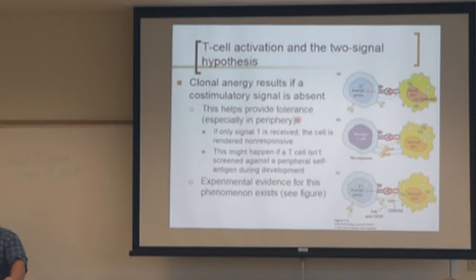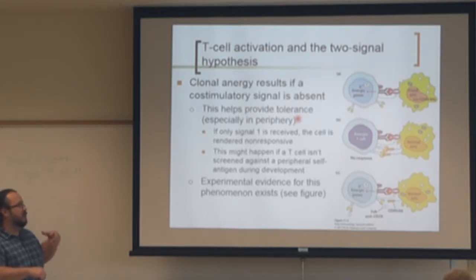So what happens if cells do not receive that second signal? Carl June, the same guy who invented those CARs, those chimeric antigen receptors, his group identified that you need that second signal.